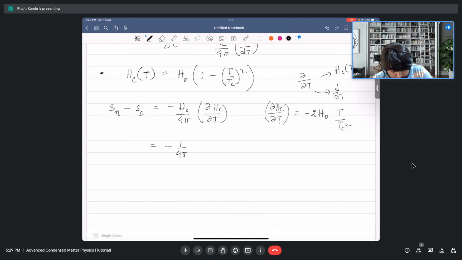So 1 by 4 pi, and it becomes plus 2 H naught square, 1 by Tc square, T by Tc, and then I have this Hc, which is given by (1 minus T by Tc) whole square.